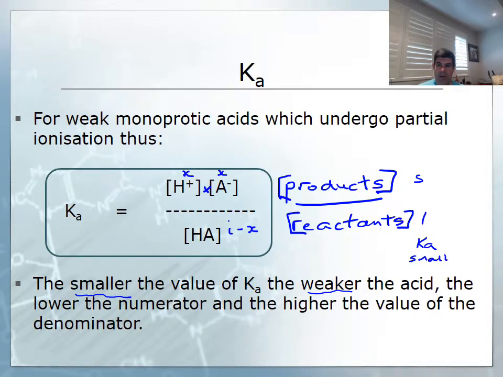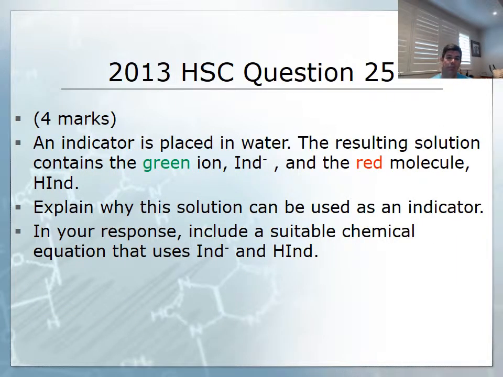And of course, if the products are large and the reactants are therefore small, then the Ka value will be large. So this is the only reason I talk about this now: there is a mathematical relationship, not one that we need to calculate, but one that will be quite useful, particularly when we look at how water behaves during different types of reactions.